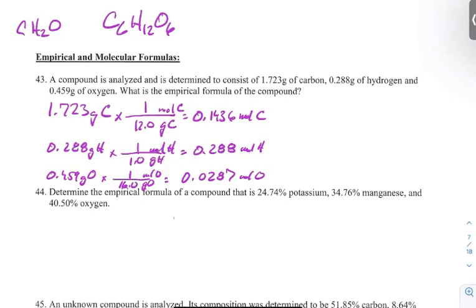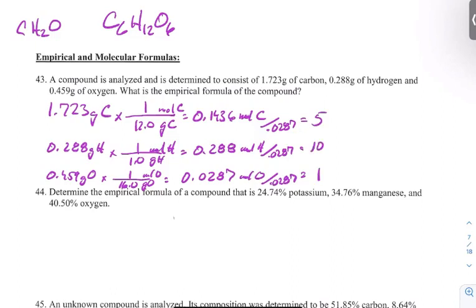So if you look at my options here, I have 0.14, 0.28, and 0.0287. I'm going to divide each by the smallest of these numbers, 0.0287. And when I do my math here, it comes out very, very close to 5 to 10 to 1.